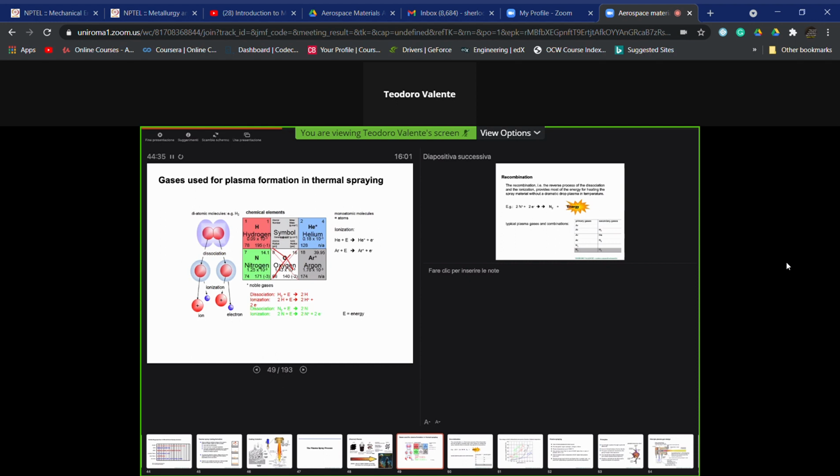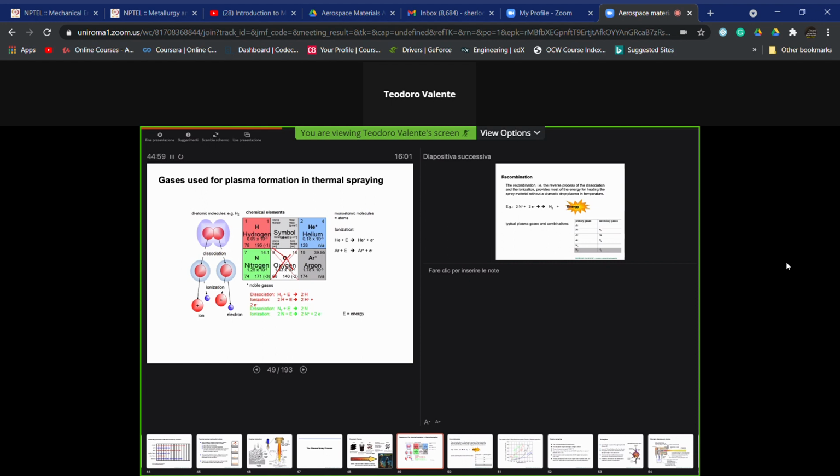And we can, in this kind of technology, generate a plasma only using one gas species, with the exception of hydrogen, or mixing different gas species among those we have mentioned, not any more.